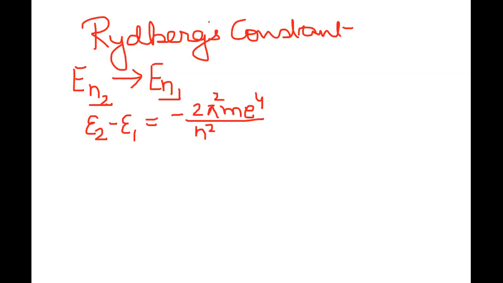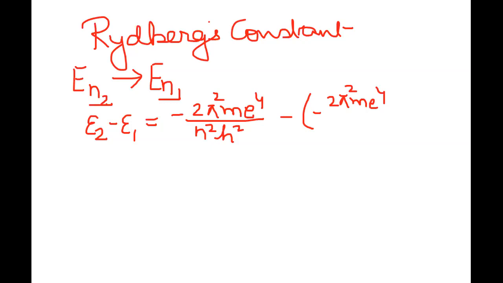n square h square. And if you are using the permittivity in free space, then of course a 1 by 4 pi epsilon naught will also occur. Now you keep this here, then you put a minus sign, and again within the minus sign you will have 2 pi square m e4.